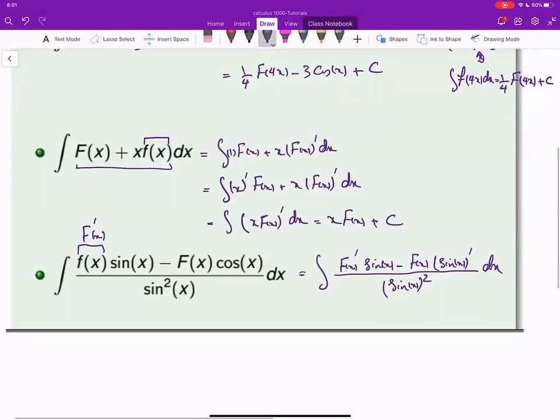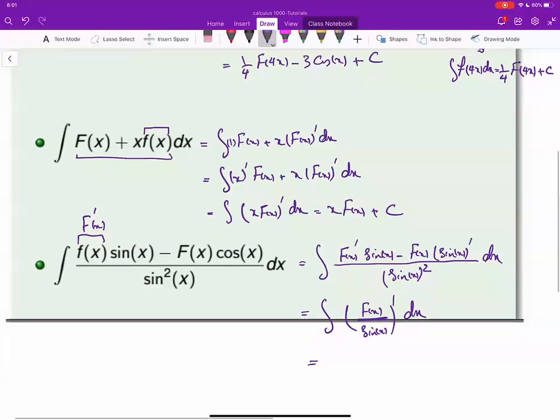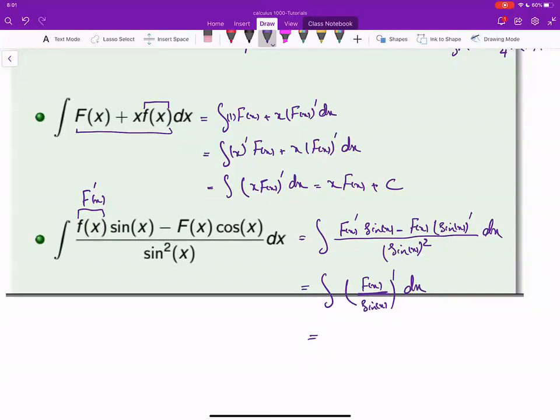What we found here is that the integrand is basically the derivative of F of x over sine x. And that means that we found the antiderivative. The antiderivative is F of x over sine x plus c.